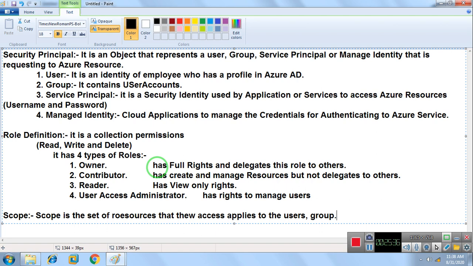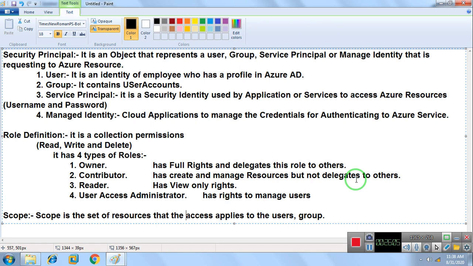If you have the requirement to provide rights on multiple resources to a single user, we can use scope. The scope is the set of resources that the access applies to, for users or groups or security principal or managed identity. So we need to understand these things.